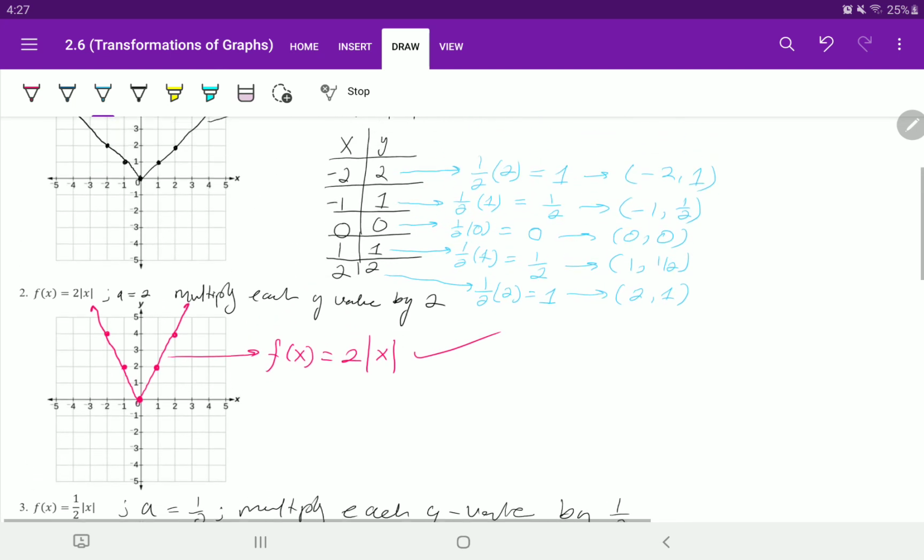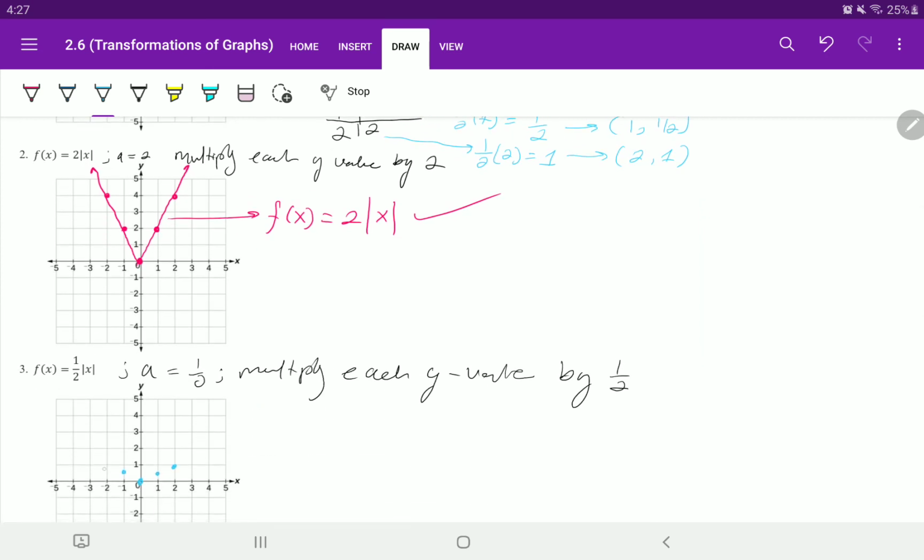And we have -2, 1, which goes right here. Excuse the awkward drawing. This is f of x equals 1/2 times the absolute value of x.